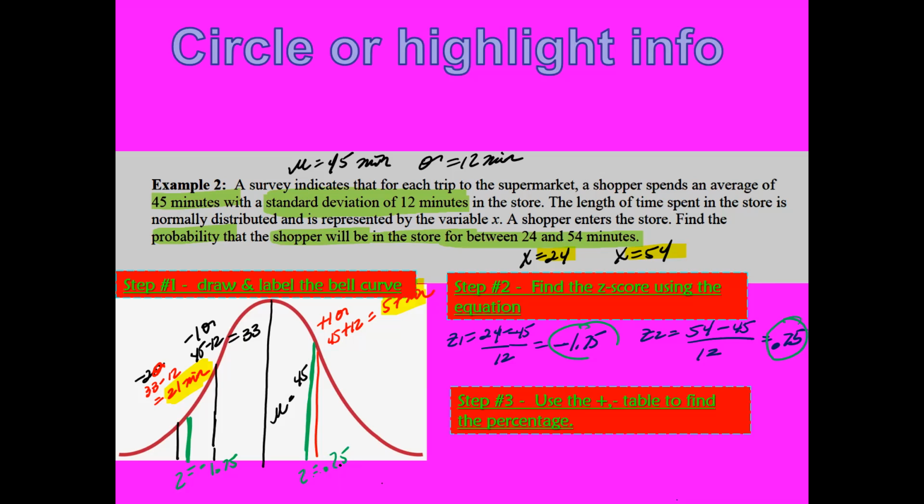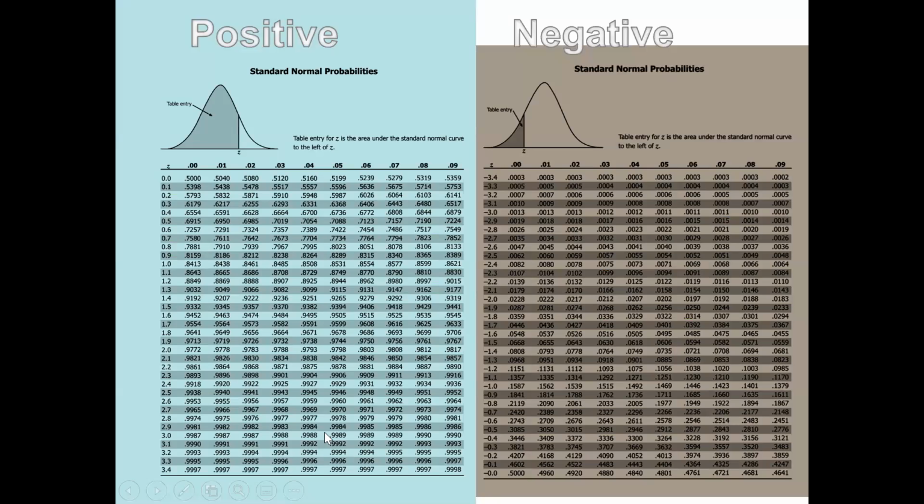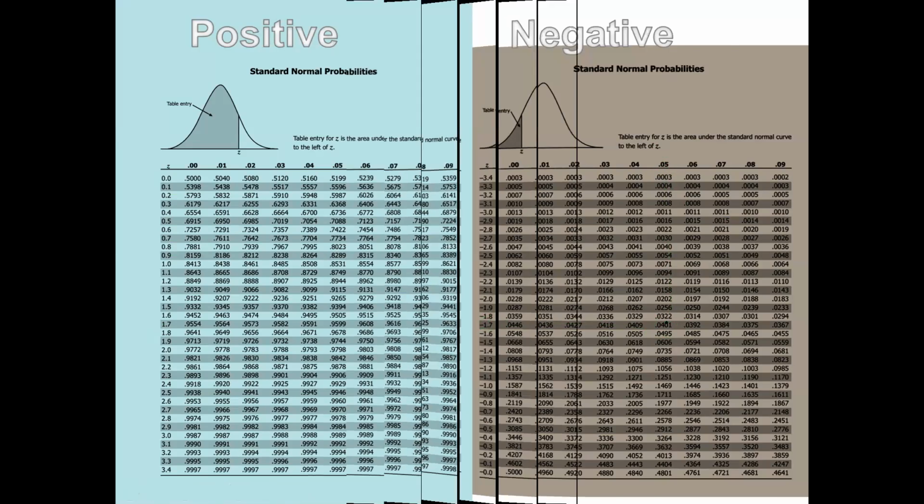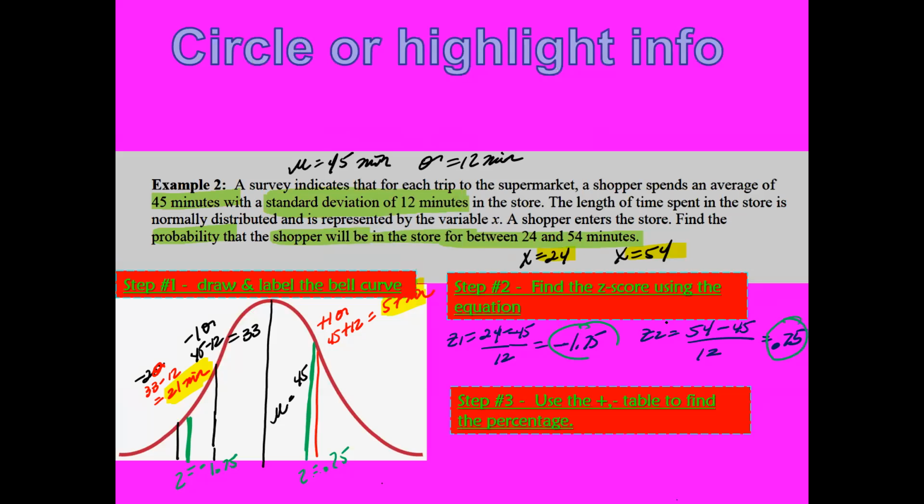Okay, so now let's go ahead and take a look at the table. So the first one is negative 1.75, and if you look at it, it is at 4.01%. So 4.01% is where you are. Let's go back to it.